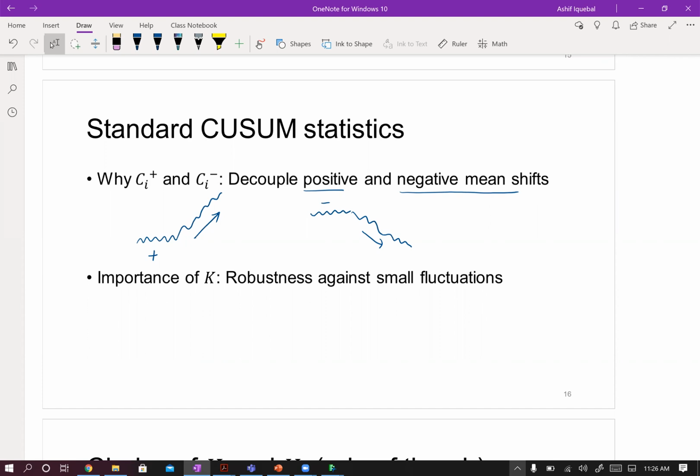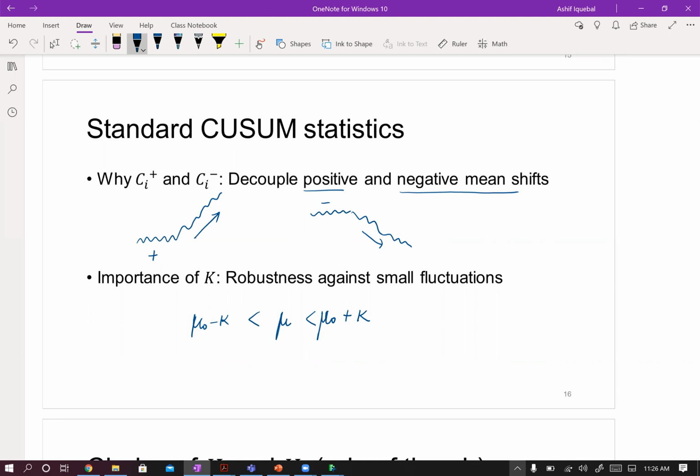So what K does here is, let's say your true mean is mu naught, but because of fluctuations, your value of the mean stays between mu naught plus K and mu naught minus K. If your actual mean stays between mu naught plus K and mu naught minus K, then this parameter K will provide robustness against small fluctuations.